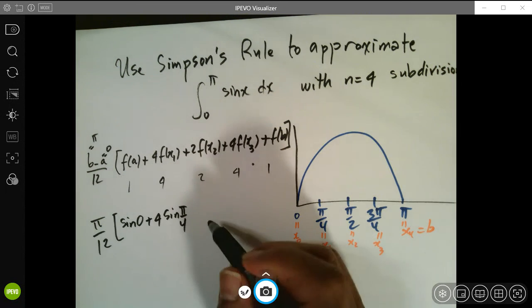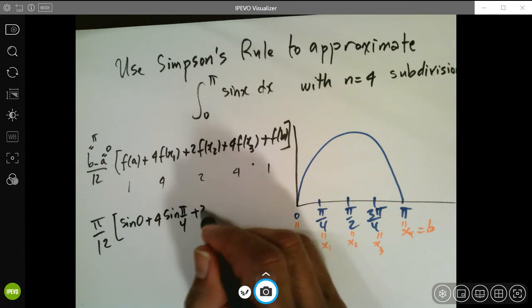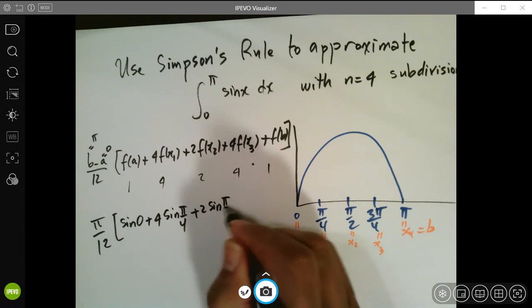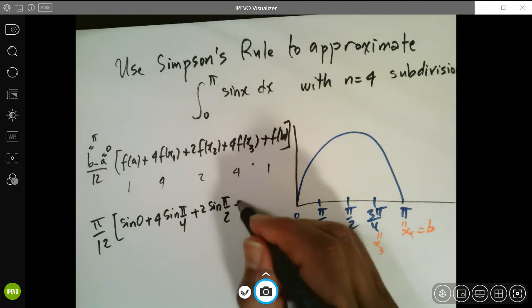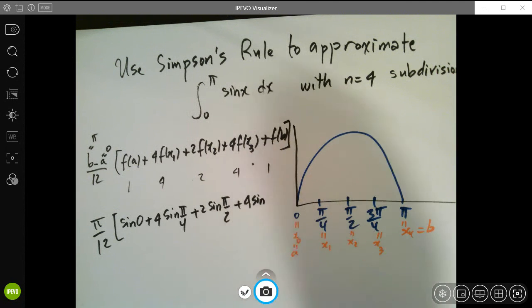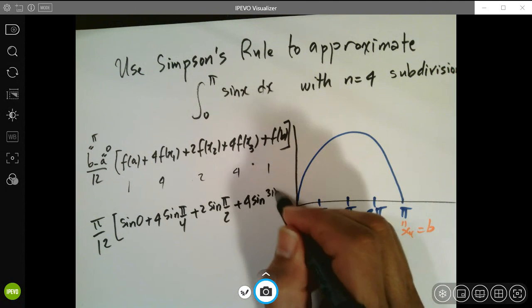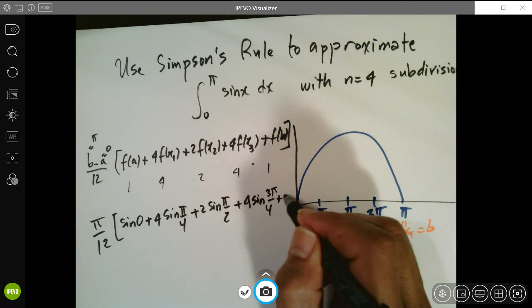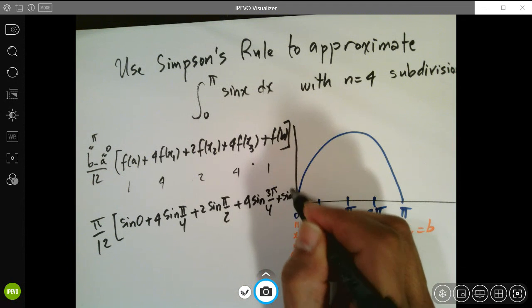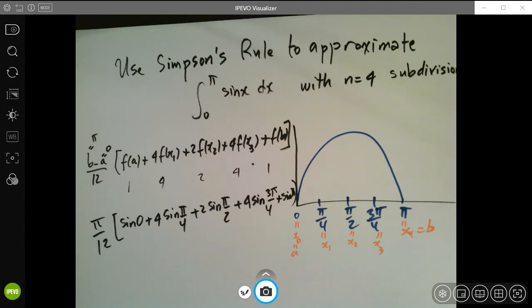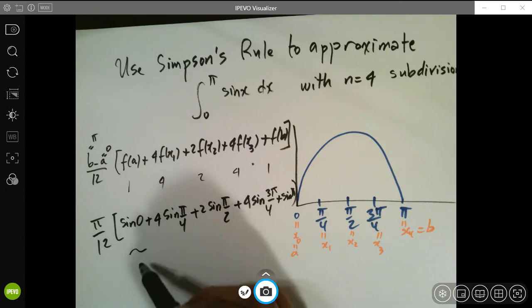times f of x0 plus 4 sine of pi over 4 plus 2 sine of pi over 2 plus 4 sine of 3 pi over 4 plus sine of pi. Okay, so that's the integral. And look at this one, it is very neat.